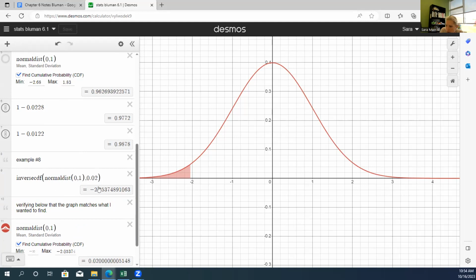So our z-score is negative 2.05. Let's say 2 decimal places. So negative 2.05. So let's go back to our paper so you can see where I would write this.